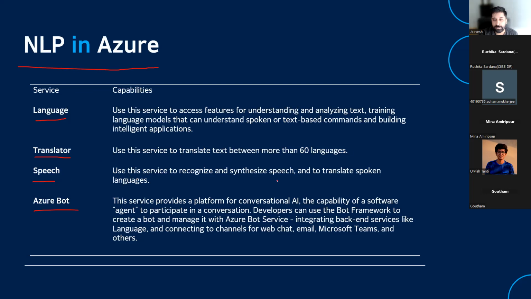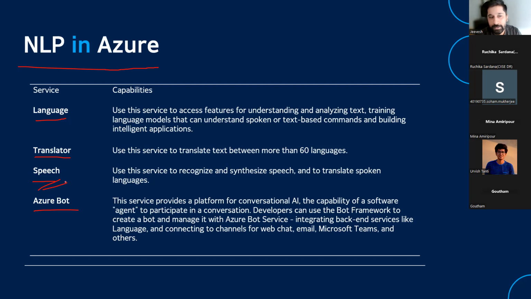Speech, we use this service to recognize and synthesize speech and to translate spoken languages. Please understand this very carefully. You might have seen a lot of instructional videos on YouTube in the past few years where there's a human-like voice that is speaking, but it is not human. That is the NLP service that Azure provides, and AWS provides this too.